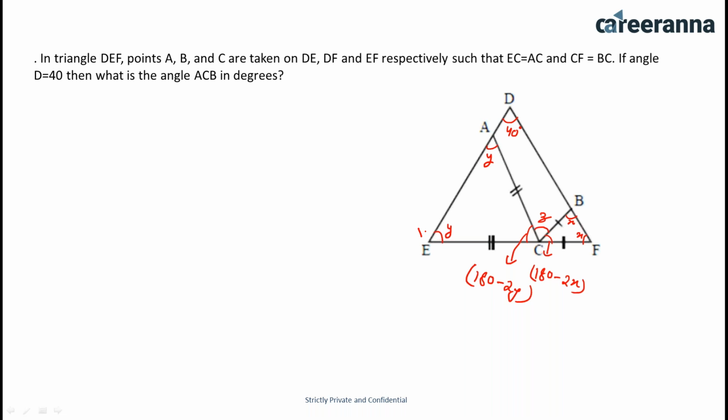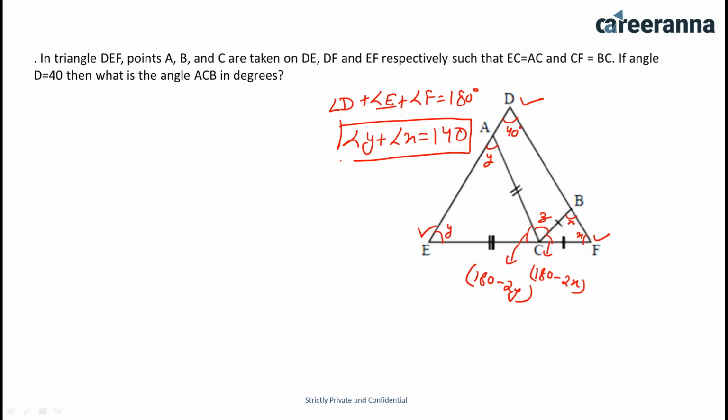With the help of angle E, angle F, and angle D, you can say that angle D plus angle E plus angle F is going to be 180 degrees, by the triangle sum property. So instead of angle E and angle F, you can say angle Y plus angle X is going to be 180 minus 40, that is 140 degrees. So you know the value of angle X plus angle Y.